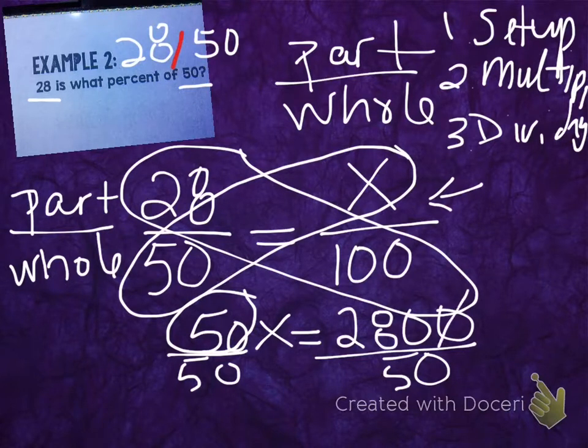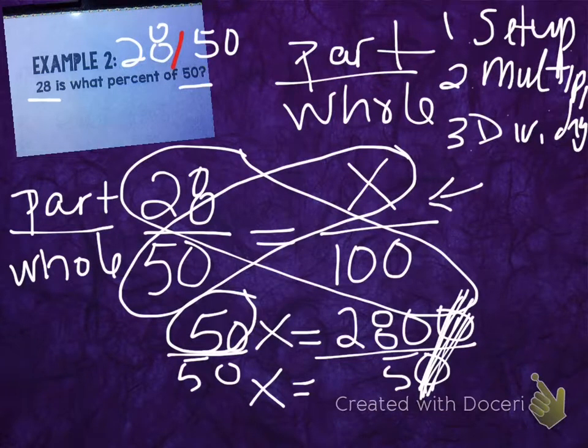I can actually cancel those zeros out and it only leaves me with 280 divided by 5. Now 50 divided by 50 leaves me with just 1x. If it helps you, you can put the 1 in front of the x. Just let it be known that on any papers that you do, you just need to write x.